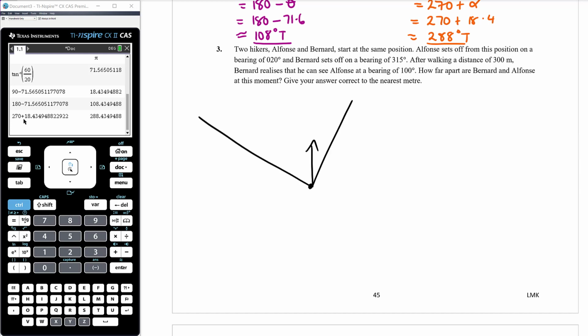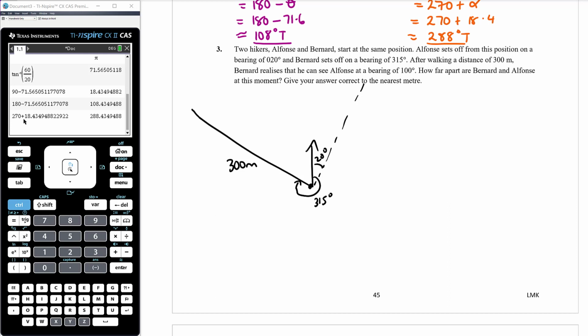After walking a distance of 300 meters, Bernard, who's on the 315 degrees, so he's gone 300 meters, realizes he can see Alphonse at a bearing of 100 degrees. So Alphonse is heading off in this direction. Okay, that's 20. Bernard's gone this way, which is 315.